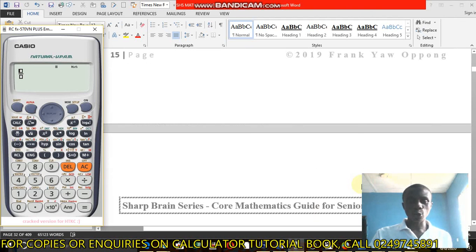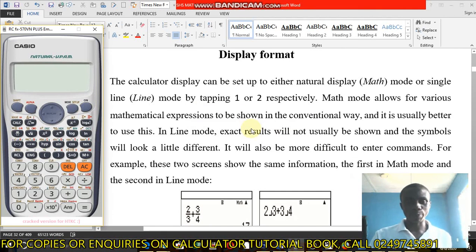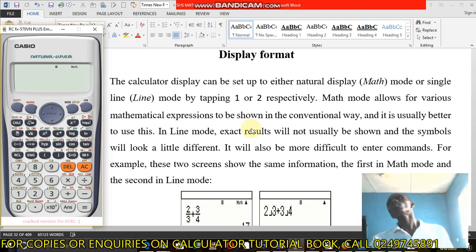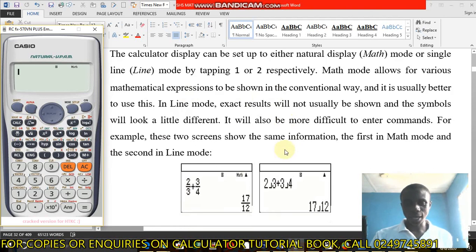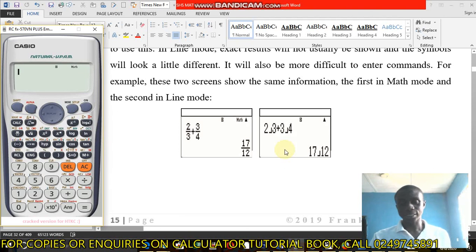So today we have been able to achieve our aim that whenever we want to move from one mode of the calculator to the other, we press shift and then mode. All our modes will appear. Then whenever we want to move to scientific notation or any other mode, we choose the corresponding number.